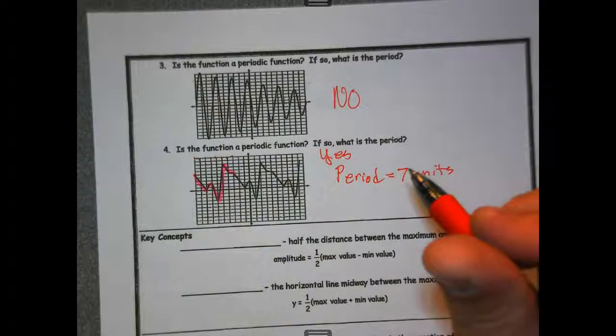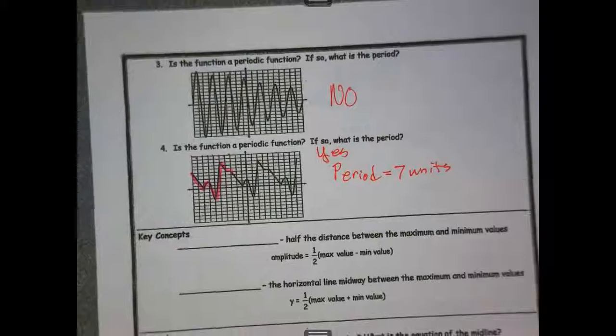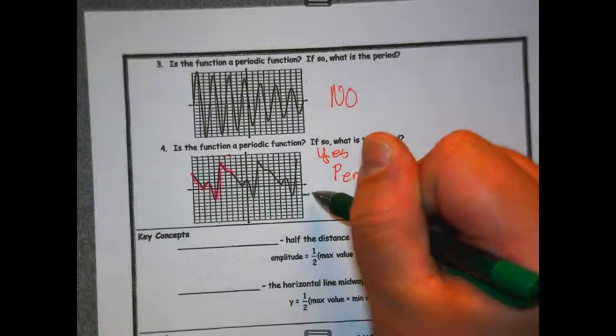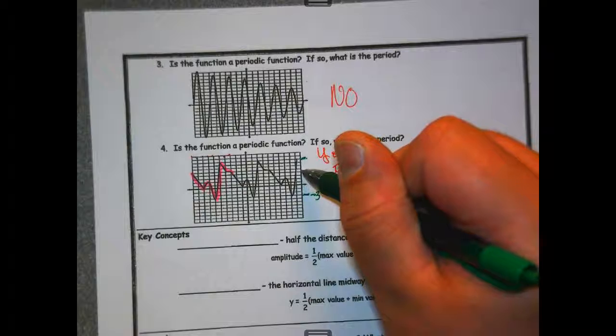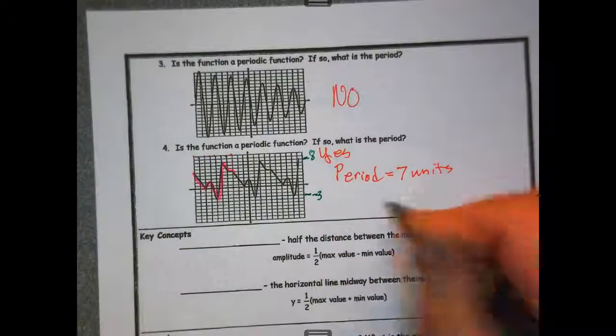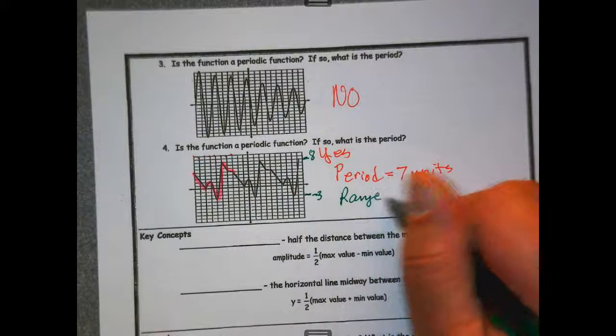And the range. Let's see, we've got a negative 3, 1, 2, 3, 4, 5, 6, 7, 8. The range is 11 units.